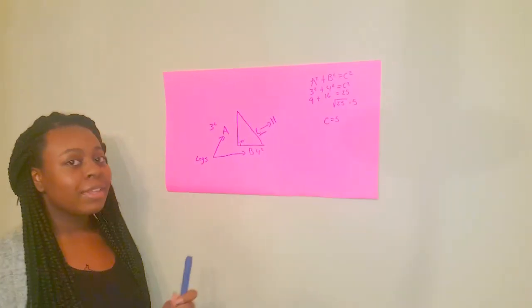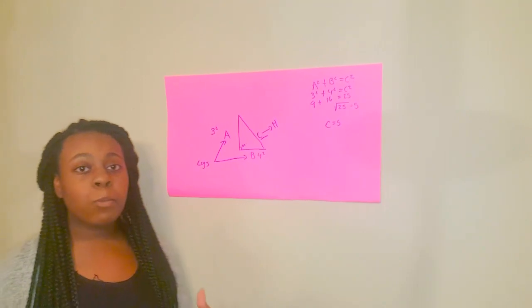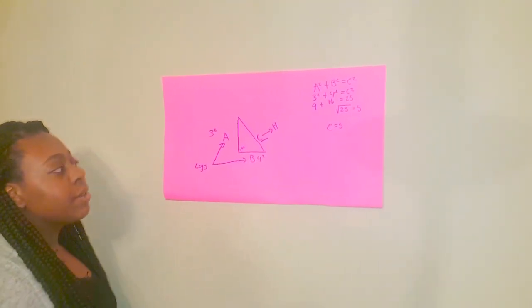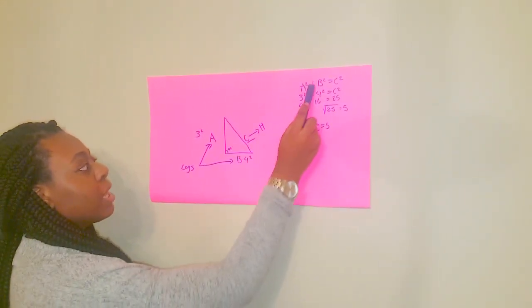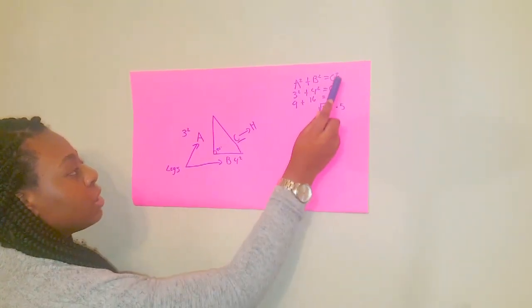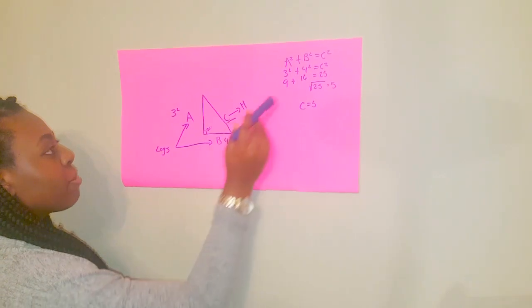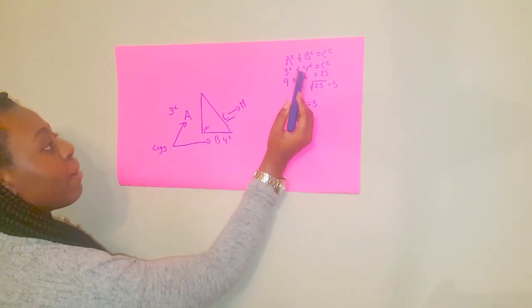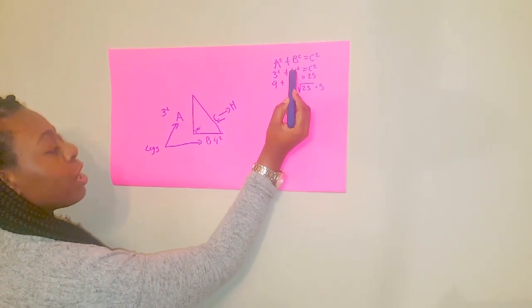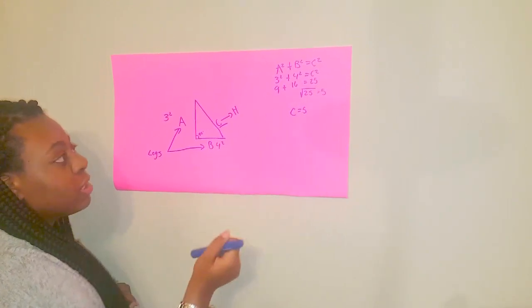So now, to recap what I just did, I did A squared plus B squared equals C squared. Our goal was to find C squared because we already know our numbers for A and B. Our numbers for A and B are 3 squared, 4 squared, and we're trying to find C squared.